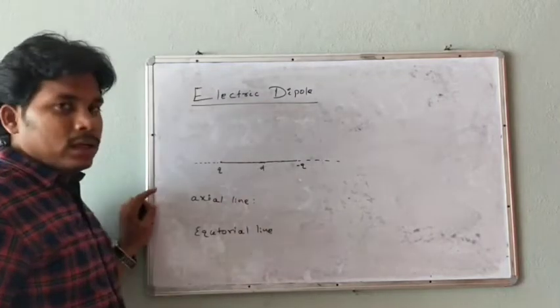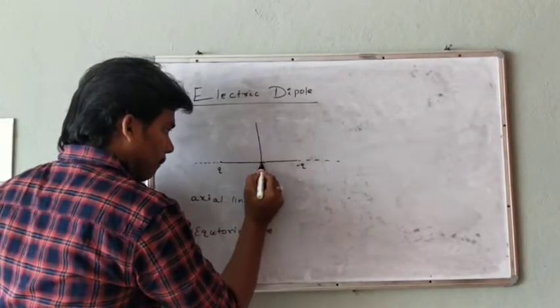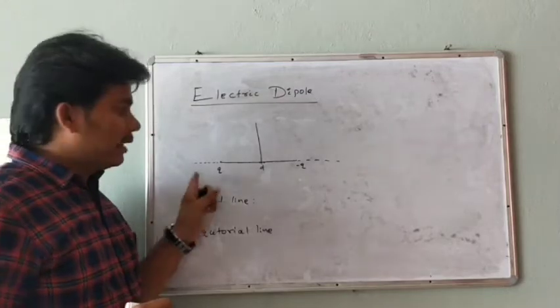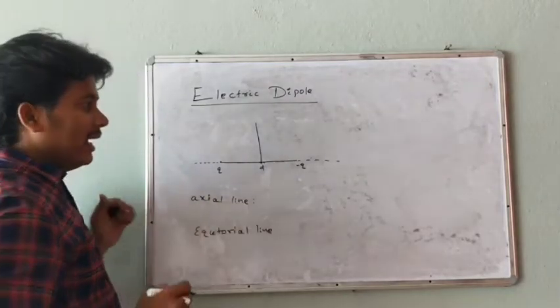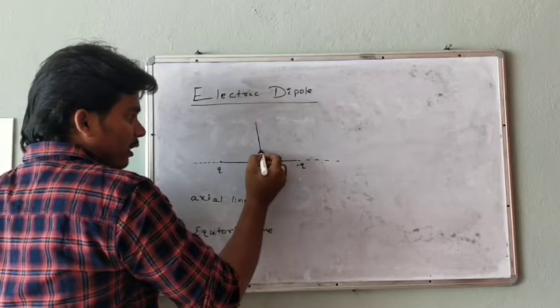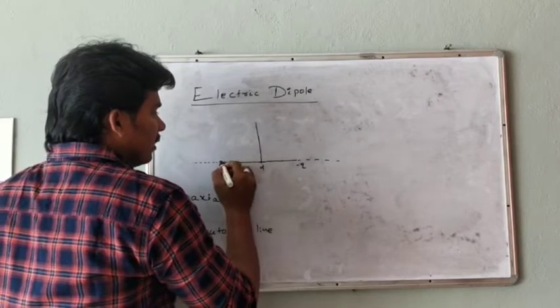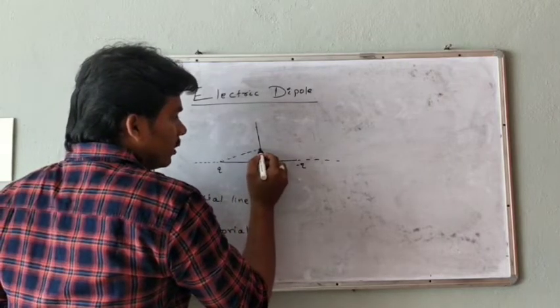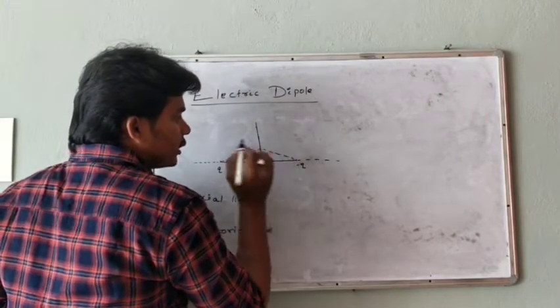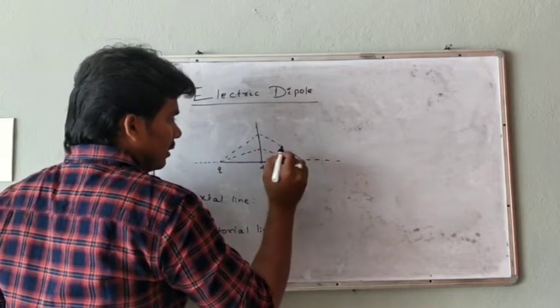The equatorial line is a line passing through the center and perpendicular to the dipole. If you take any point on this line, you will see these points are equidistant from the two charges.